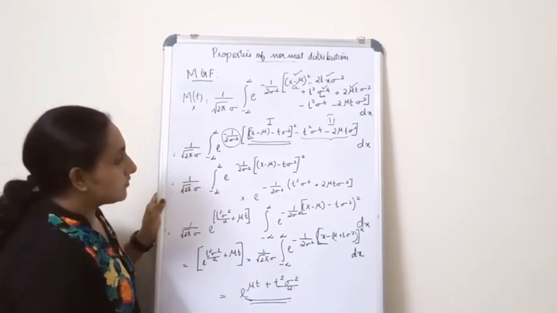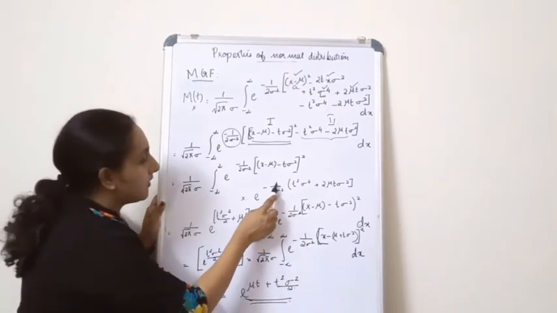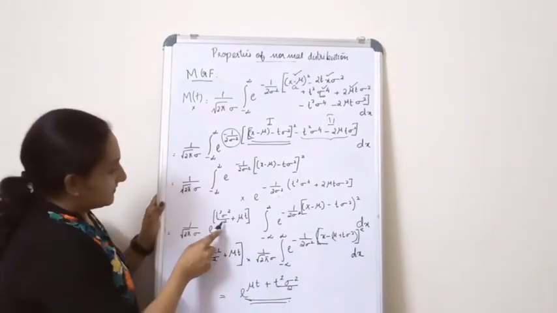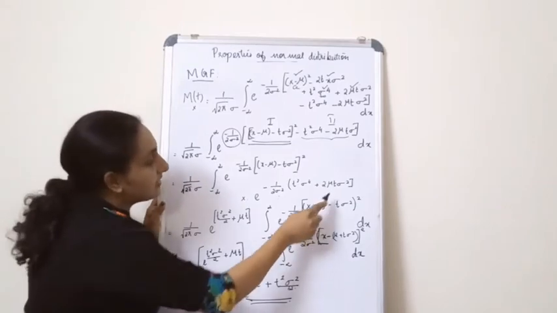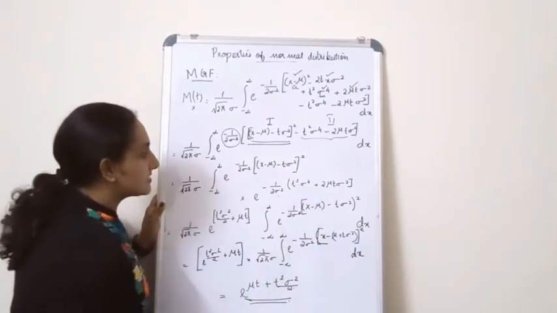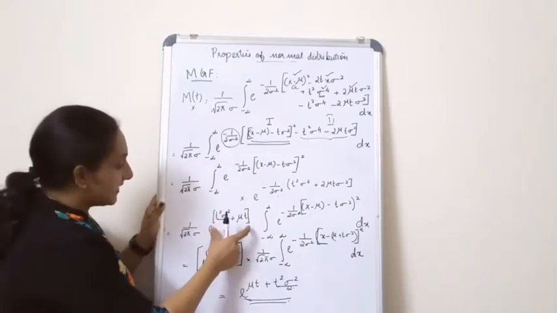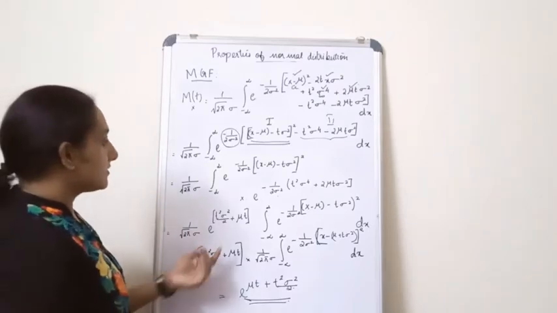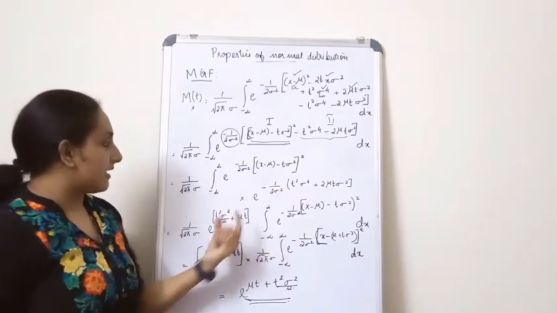Okay, then you get what? 1 by 2 t square sigma square, right? So that's over here. Then you have mu t. Mu t is there, then a 2 is taken inside, so that also gets cancelled. Finally, you get this. So what I'm going to do is I'm going to take this thing outside.